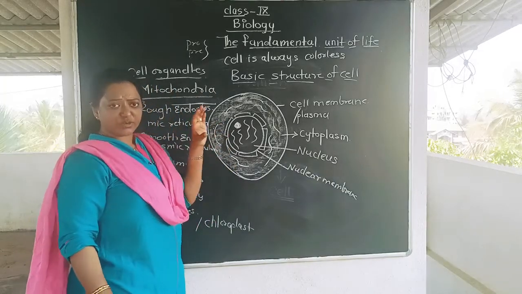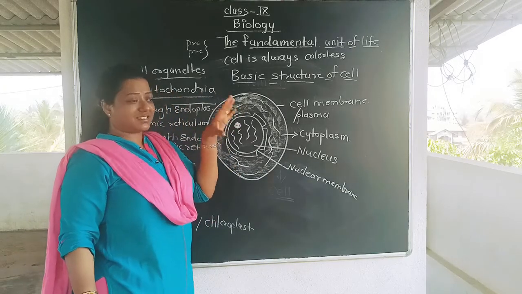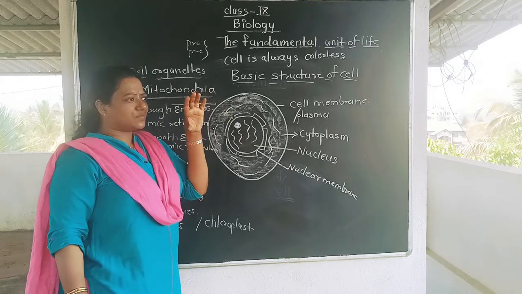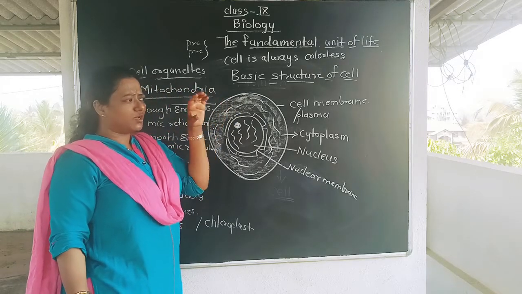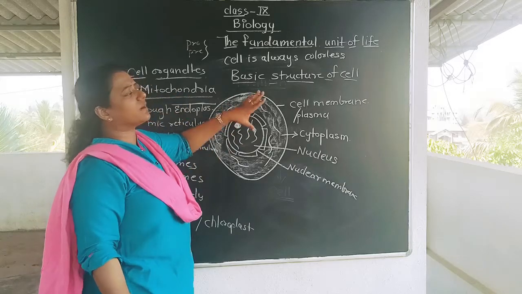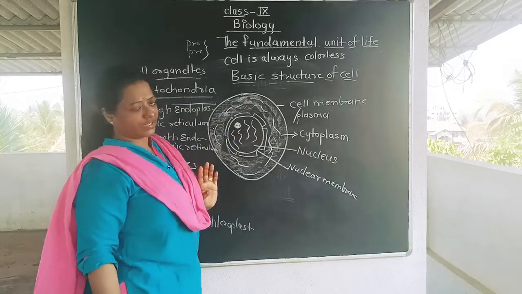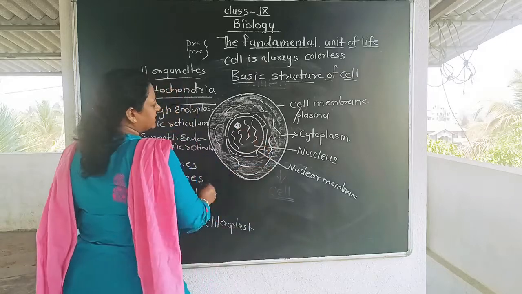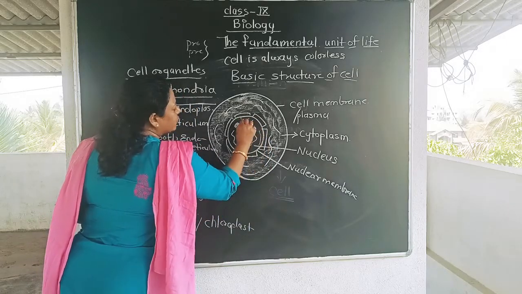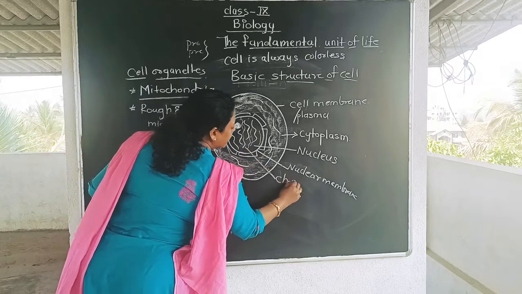When I go into detail and zoom in, just imagine this is your body, then the organ system, then organ, then tissue, then cell. We are still zooming, and when we zoom at last we will see the nucleus. So this is all about the nucleus, and you can see this thread-like material in the nucleus, that is called chromatin fiber.